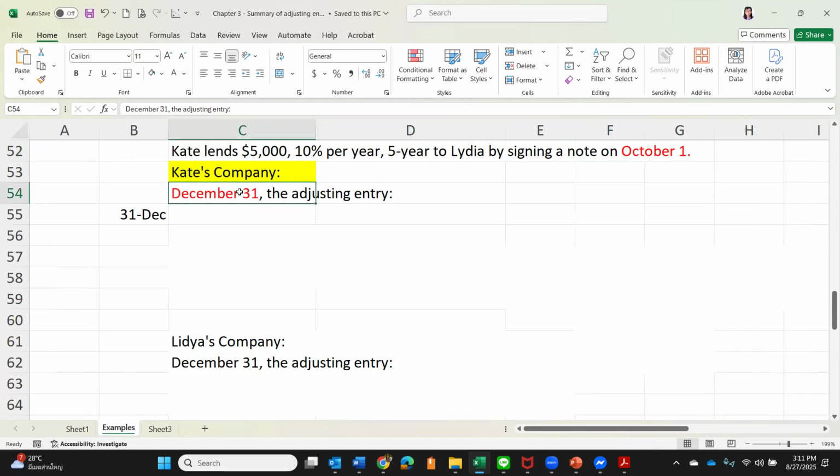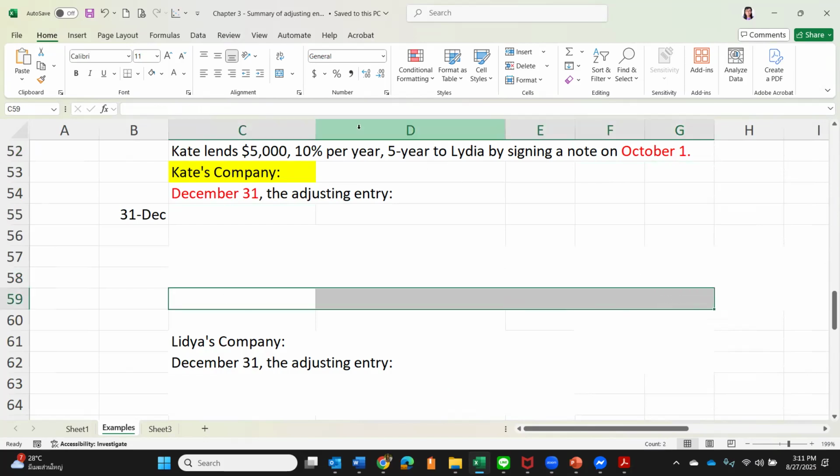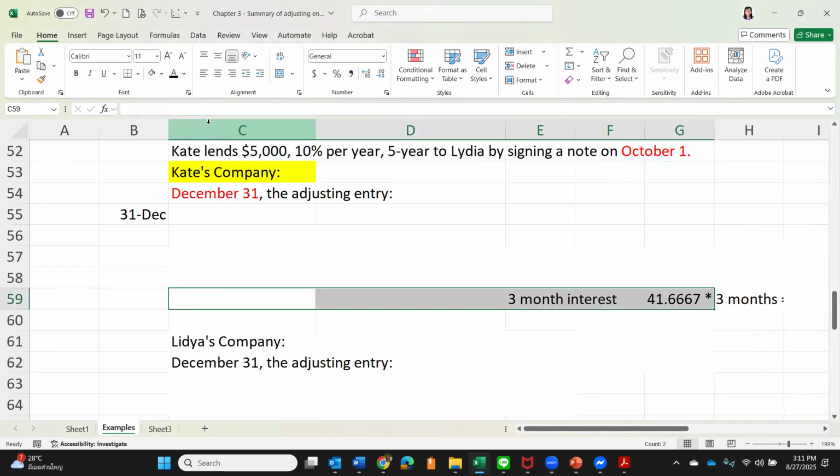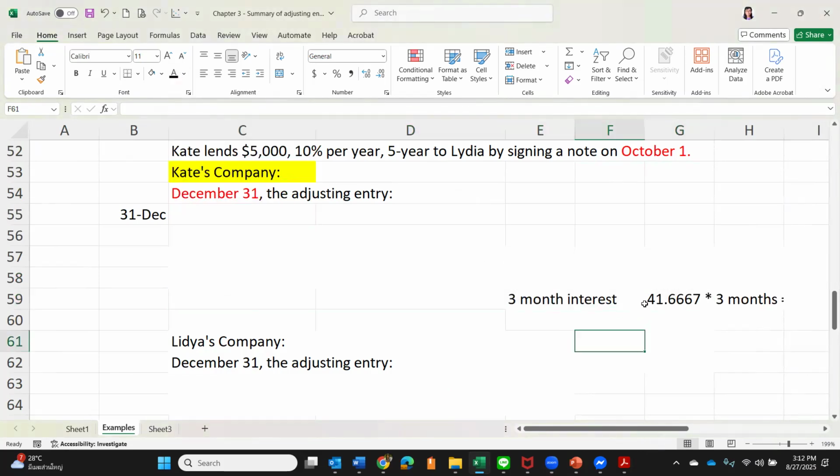Now it's December 31. How many months already since Kate lent the money to Lydia? We have October, November, and December. So there are 3 months, and interest already happened for 3 months.